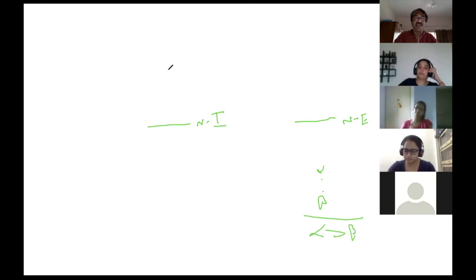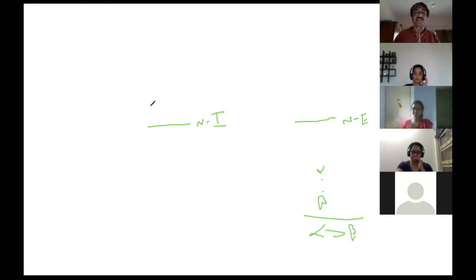Which to call elimination, which to call introduction is a lot of fight between people. I'll let you try whatever you want on this. For instance, this is what I would call negation introduction. Instead of bottom, you can put any beta. I mean, if you prefer that, you choose an arbitrary formula.